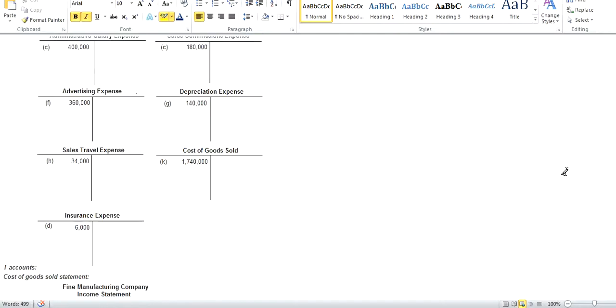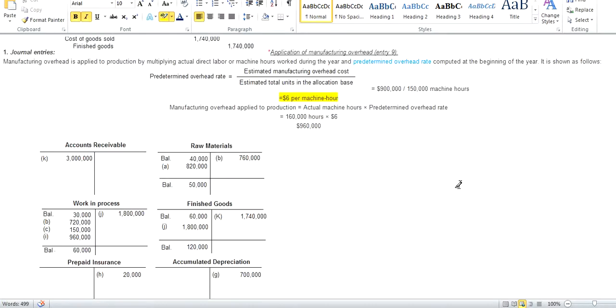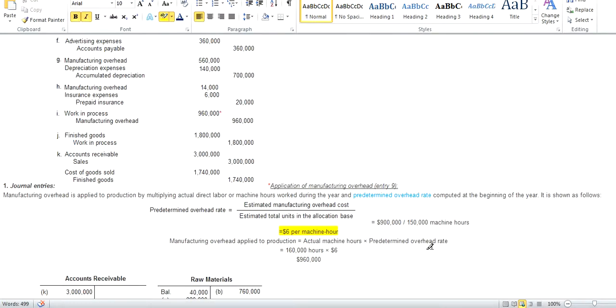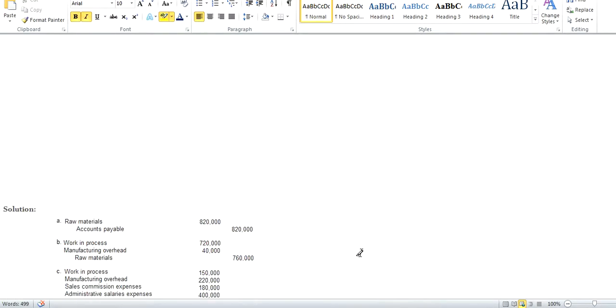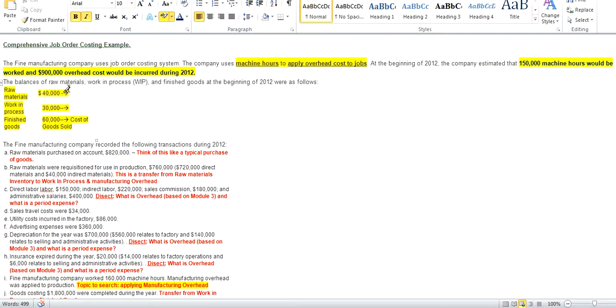So what is really important is that you really understand a couple of things here. Number one is how to determine your predetermined overhead rate, first and foremost. Second, make sure you clearly understand the movement of inventory amongst the different accounts, okay?